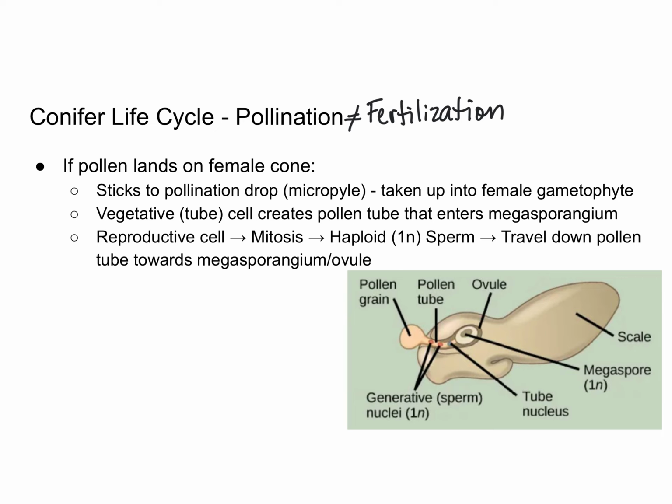Pollination is where the pollen lands on a female structure and delivers the male gamete to the female gamete. Fertilization occurs when the male gamete actually fuses with the female gamete. So during pollination, remember that in our female scale here, there is this opening known as the micropyle.